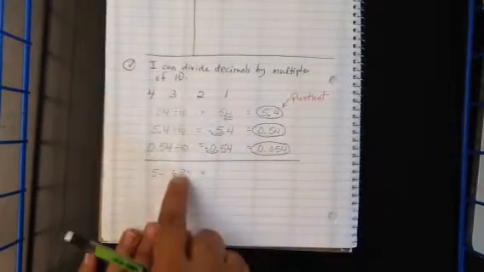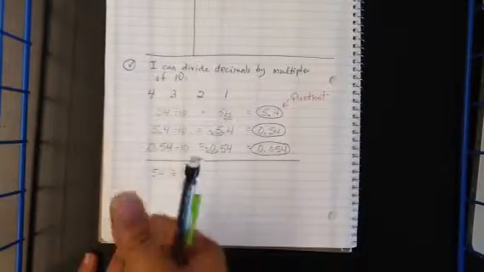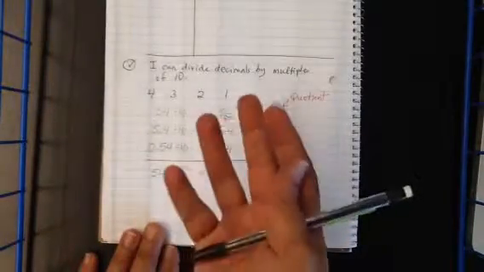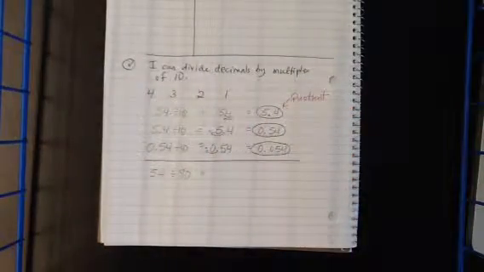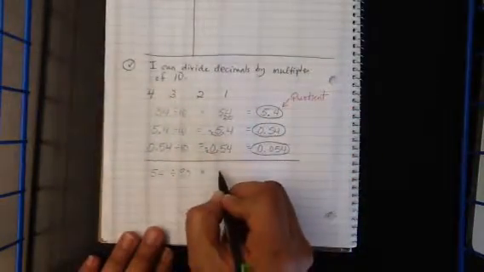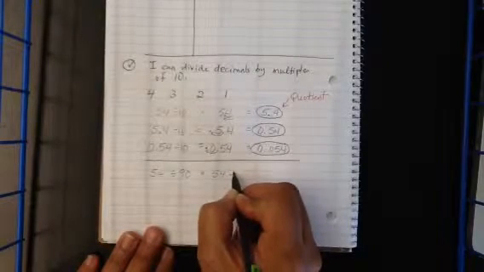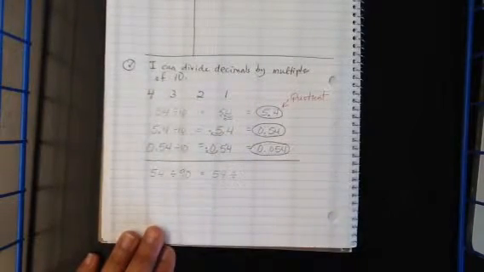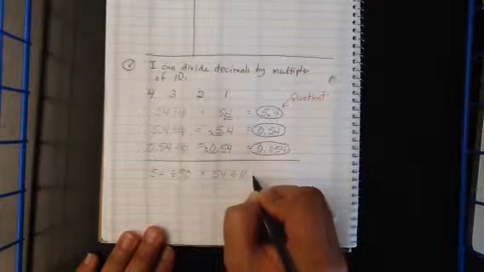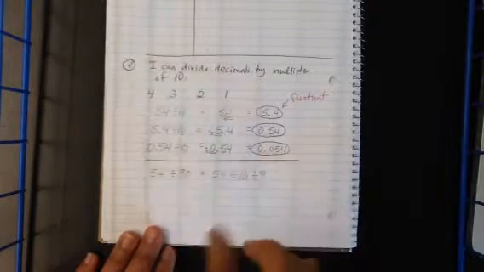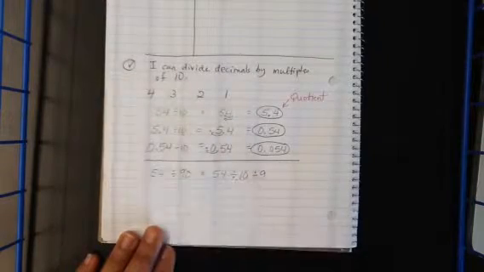Watch what we do. 90, that's a multiple of 10. 10, 20, 30, 40, 50, 60, 70, 80, 90. That's 9 sets of 10s, okay? So 54, let's break apart our 90. I know 9 times 10 is 90. So divided by 10 and divided by 9, okay? So you're going to split the 90 apart.